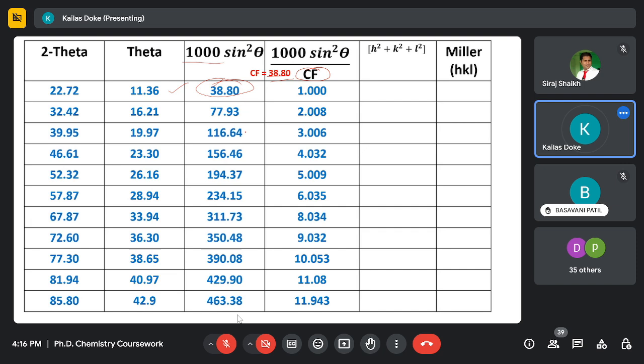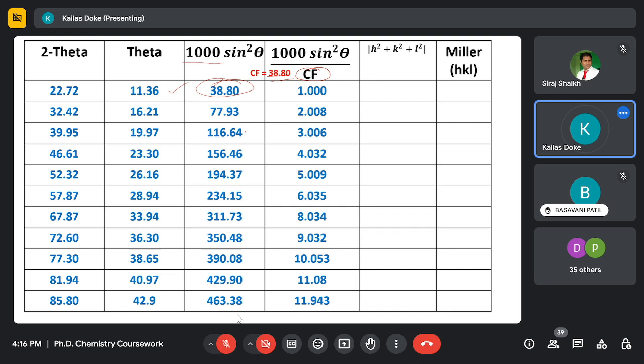Fourth, almost an integer number. Every number is very, very close to an integer number. If not, you can round it up. That's why this diffraction method is called an average method, because it involves a lot of calculation and averaging out.